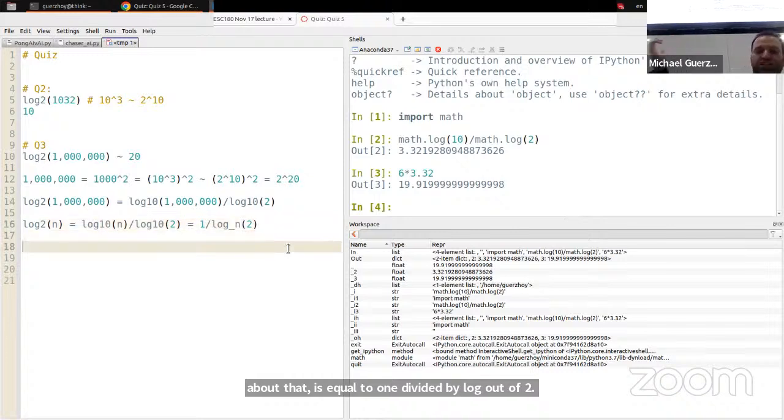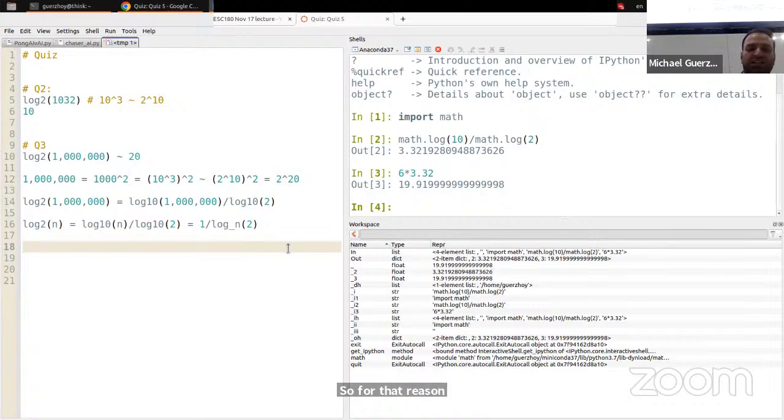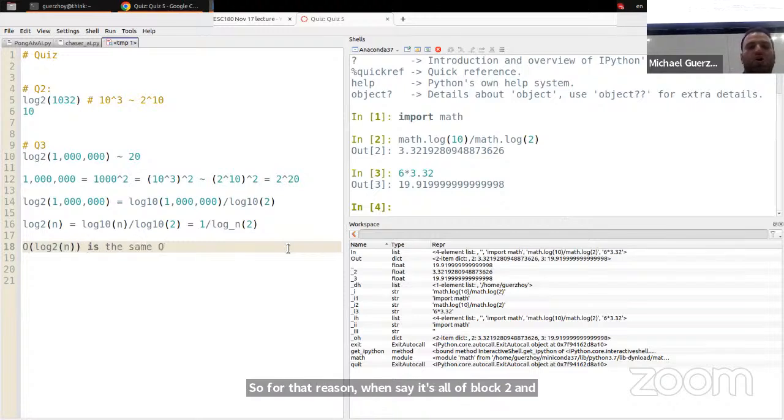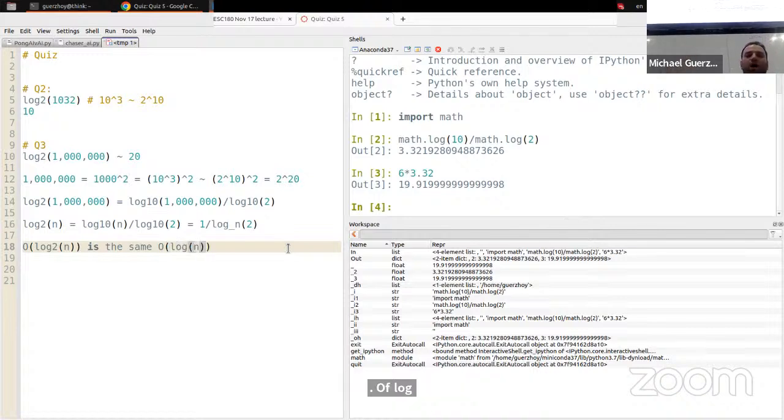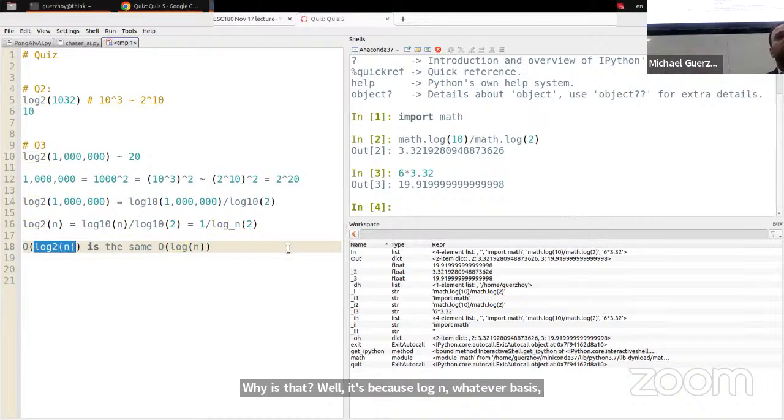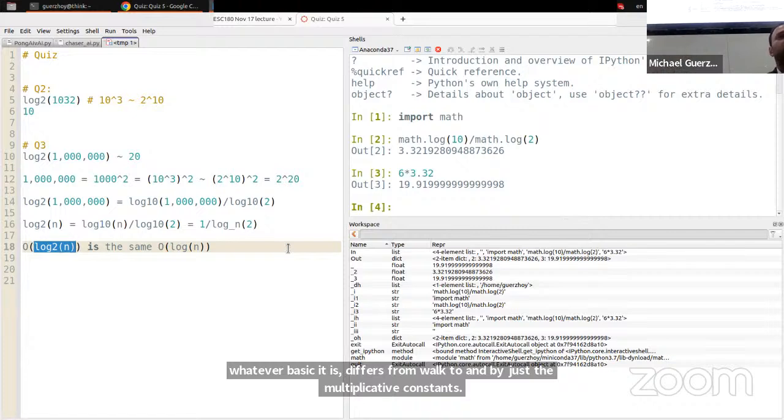So for that reason, when we say it's O of log 2 n, that's the same as saying O of log n. Why is that? Well, it's because log n, whatever base it is, differs from log 2 n by just a multiplicative constant. And we don't care about multiplicative constants. Does that make sense?